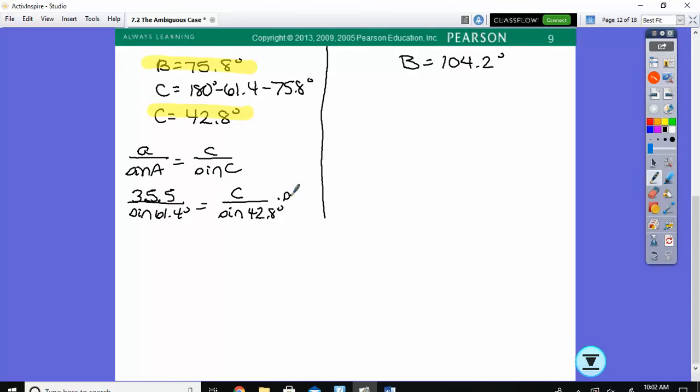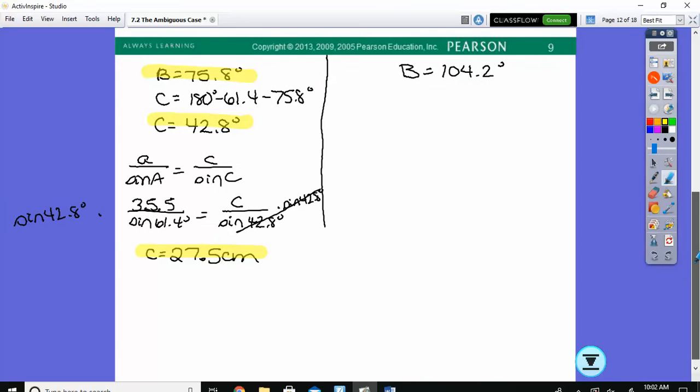So multiply that over. And I get side C to be 27.5 centimeters. And that was the last thing I had to find.